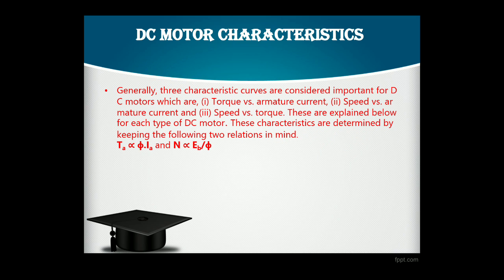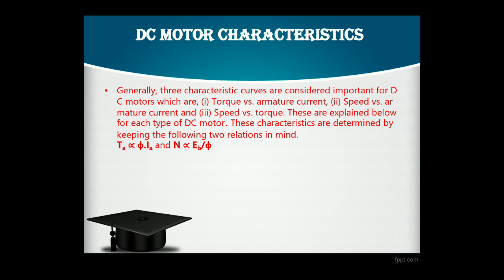Generally three characteristic curves are considered important for DC motor: torque versus armature current, speed versus armature current, and the last one is the mechanical characteristics or speed versus torque characteristics. These are explained below for each type of DC motor, that means for series motor, for shunt motor, and also for the compound motors.